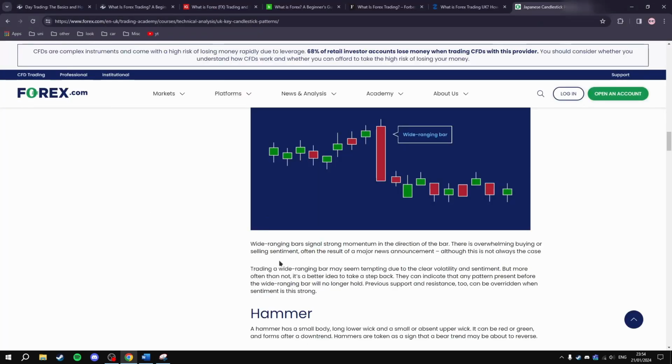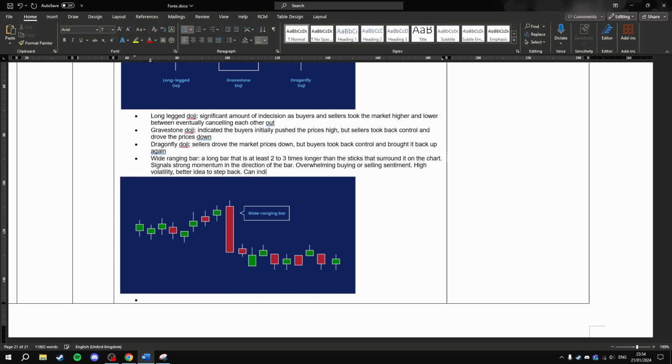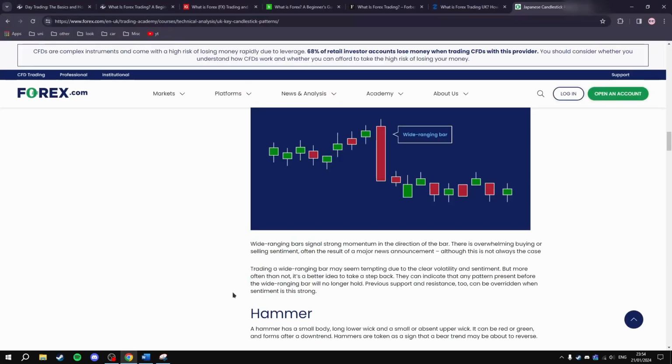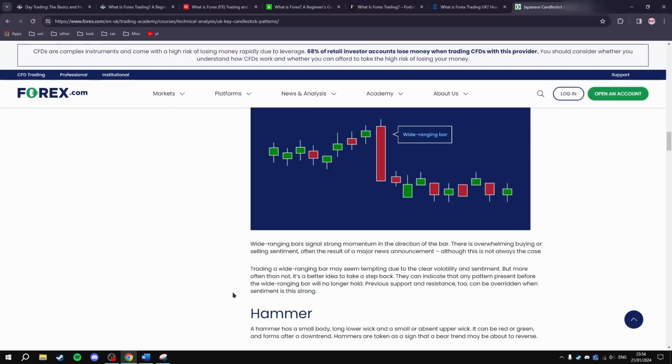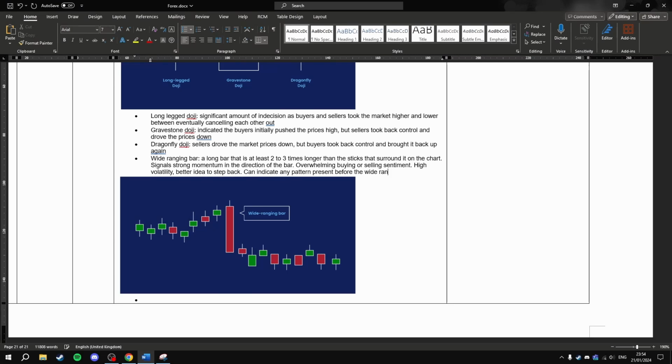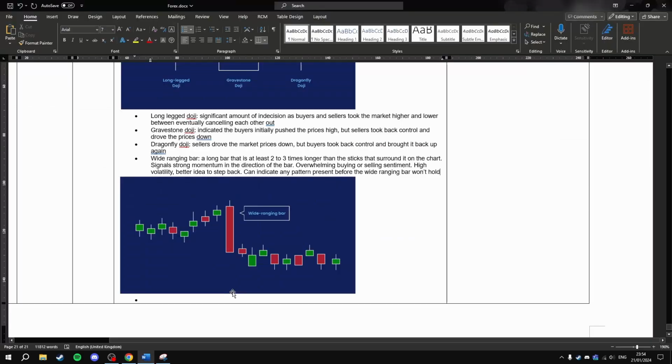They can indicate that any pattern present before the wide-ranging bar will no longer hold. Previous support and resistance too can be overridden when sentiment is strong.